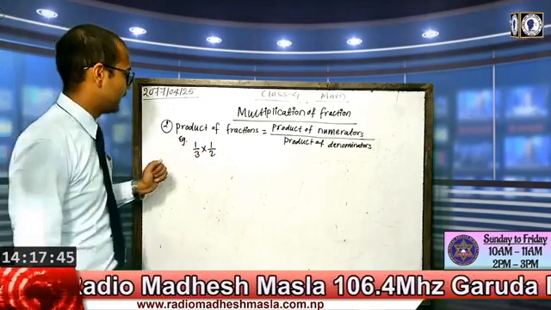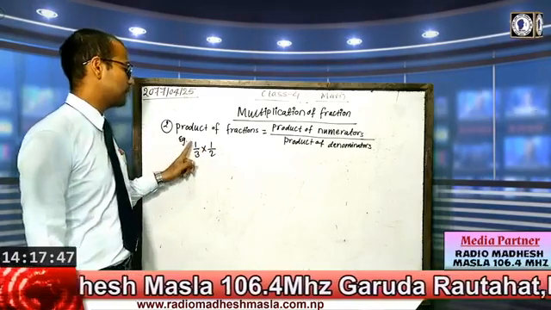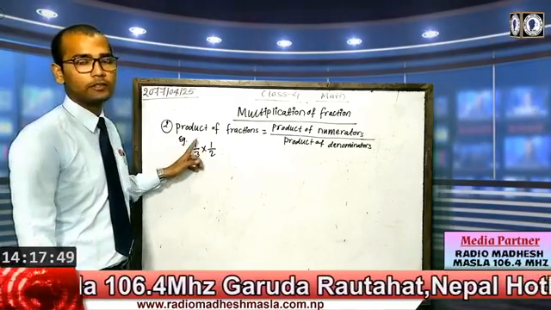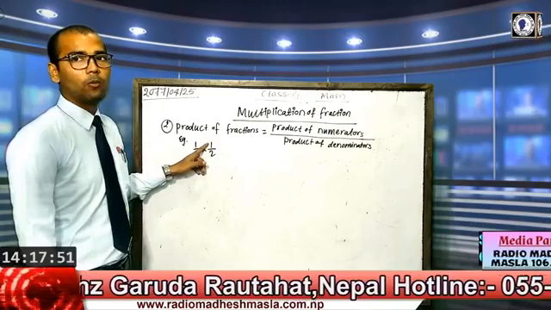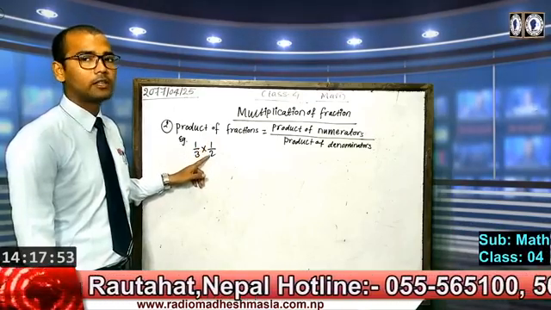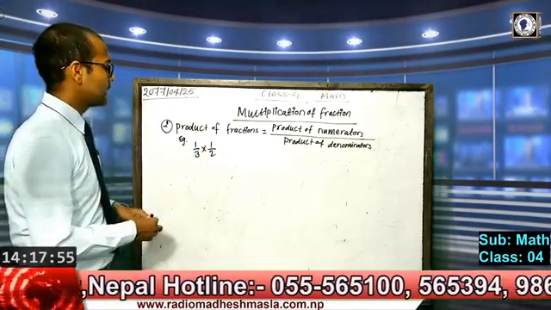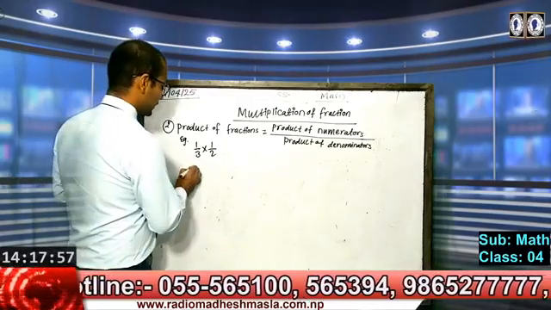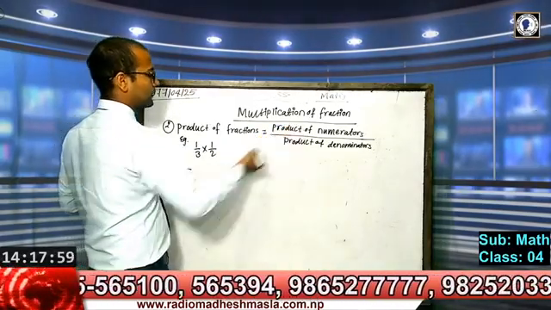So students, in the first fraction we have numerator 1 and denominator 3. In the same way, in the second we have 1 as numerator and 2 as denominator. Then we can use the formula. Product means multiplication.